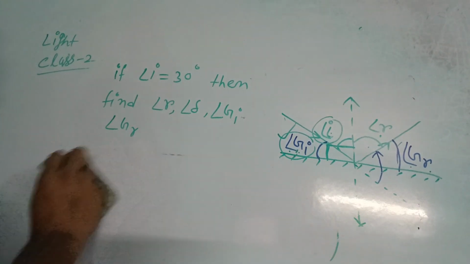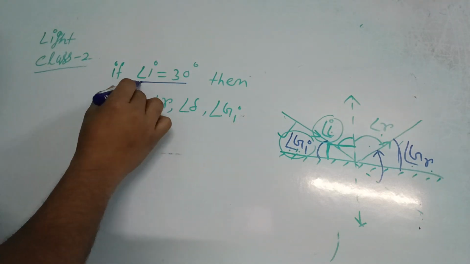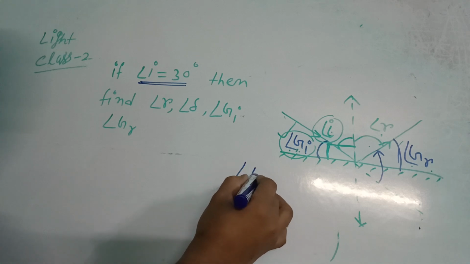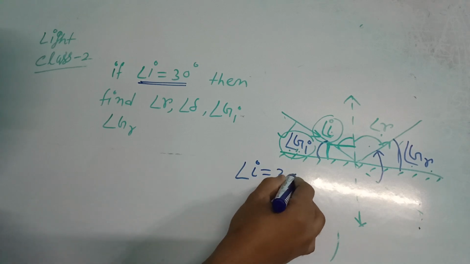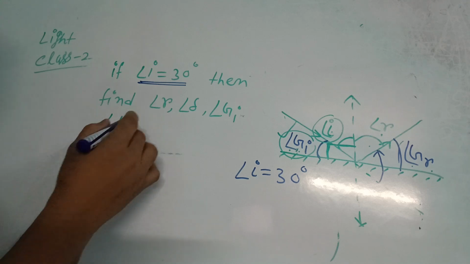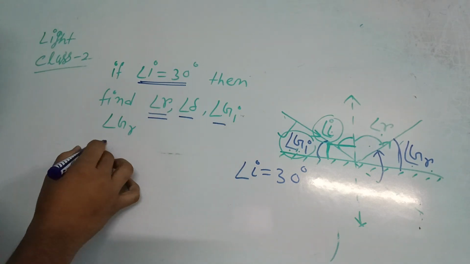We already solved. Now see, if I equals 30 degrees, what is given? At first write one by one. Given angle I is equal to 30 degrees. What is the question? What is the value of angle R, GI, GR and delta?